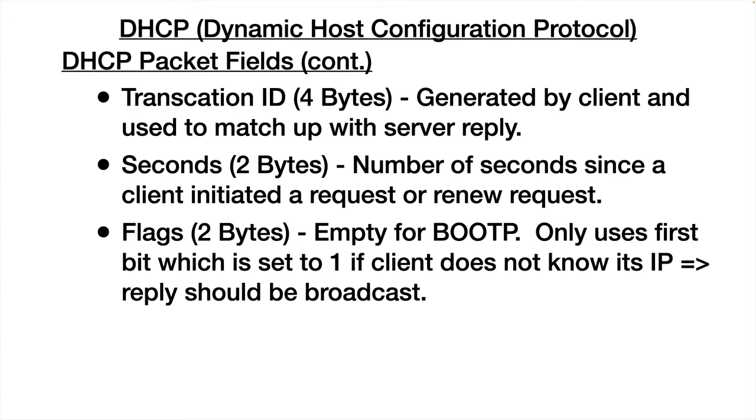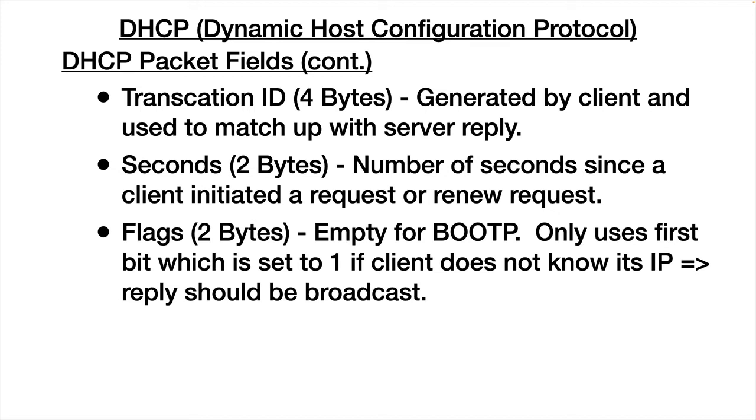Next we have flags. Flags are 2 bytes or 16 bits. For BootP, these are empty, and if we are using this, we only use the very first bit. The remaining 15 are considered reserved, and it is set to 1 if the client does not know its IP address.